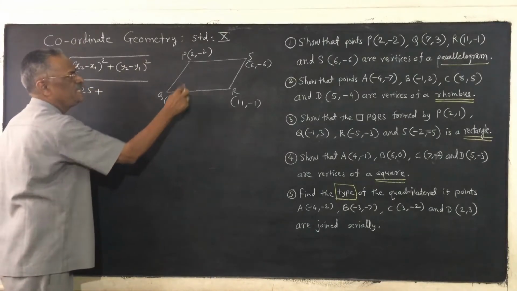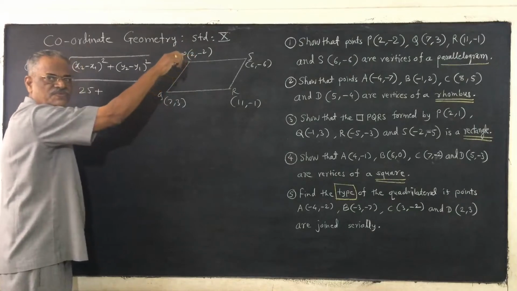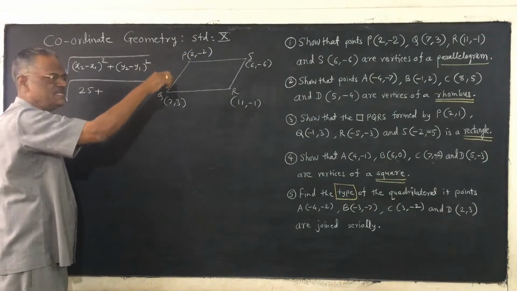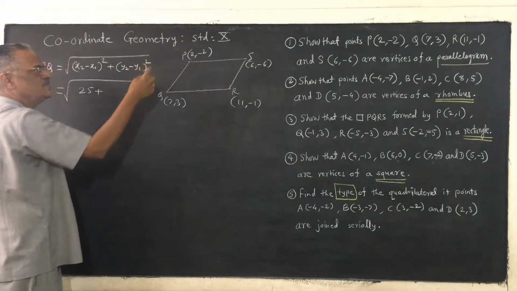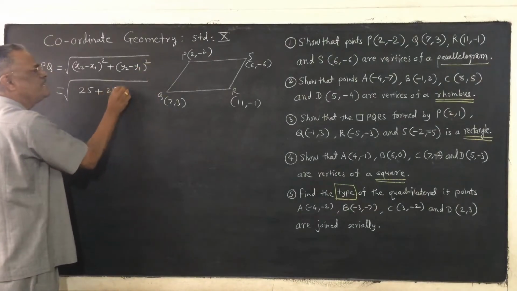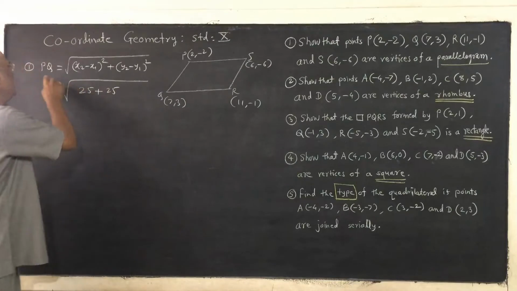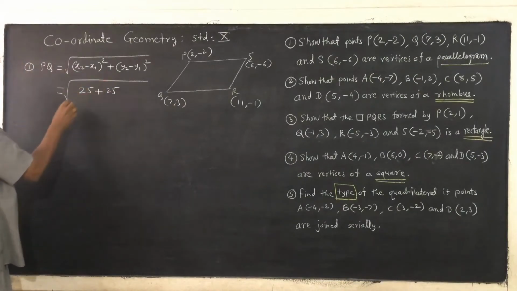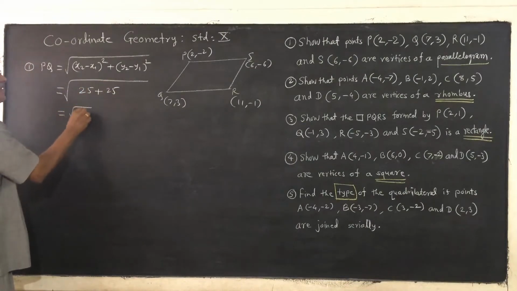Similarly, 3 minus 2, it is 3 plus 2, 5, and 5 square is 25. So you are getting the length of PQ as under root 50.